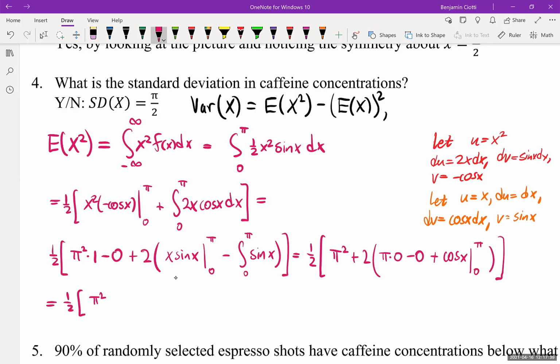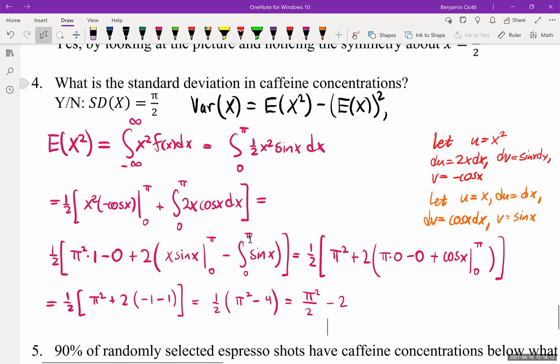We get 1/2 pi squared plus 2 times negative 1 minus 1. It's cosine pi minus cosine 0. So altogether, we get 1/2 of pi squared minus 4, or pi squared over 2 minus 2.